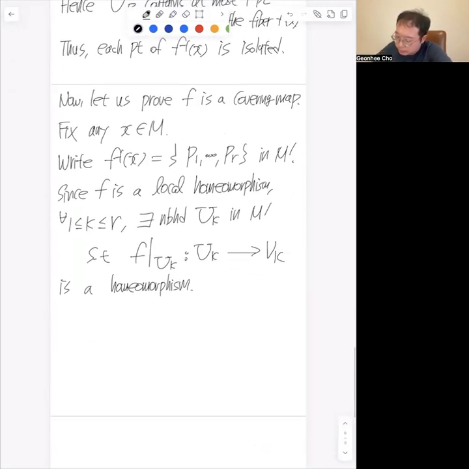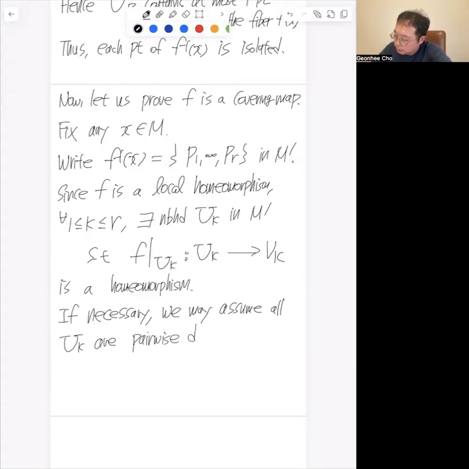So if necessary, we can shrink each of the U sub 1 to U sub r so that we may assume that each U sub k are pairwise disjoint.